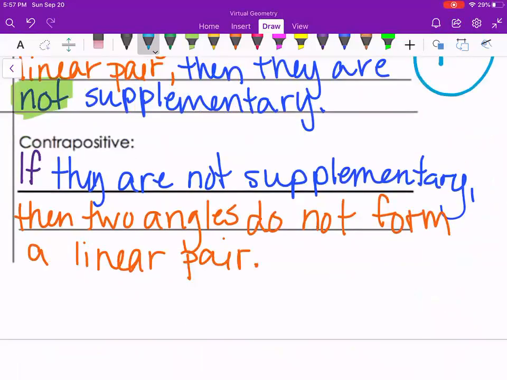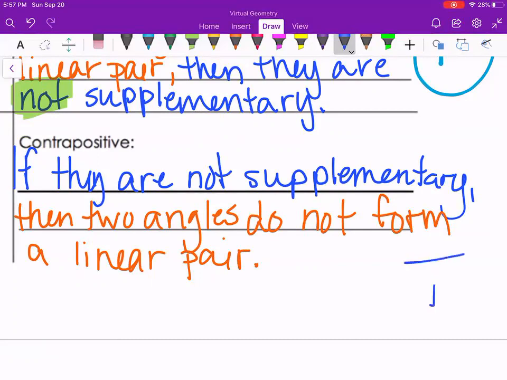The contrapositive, if they are not supplementary, then two angles do not form a linear pair. So if two angles are not adding up to be 180 degrees, then there is no way they will form a line. And if there's no way they form a line, there is no way they can be a linear pair.